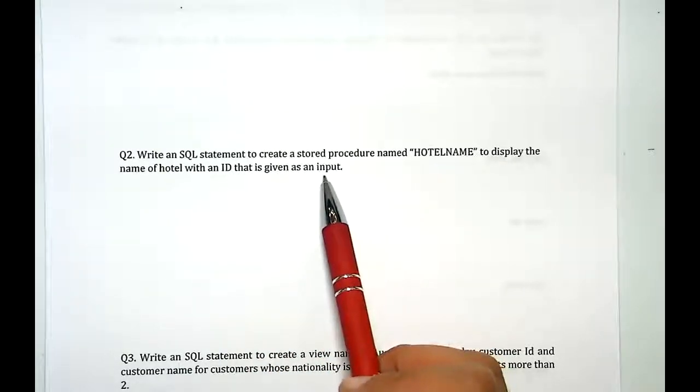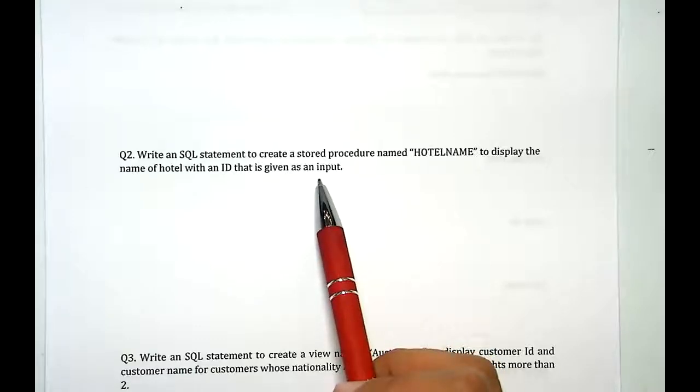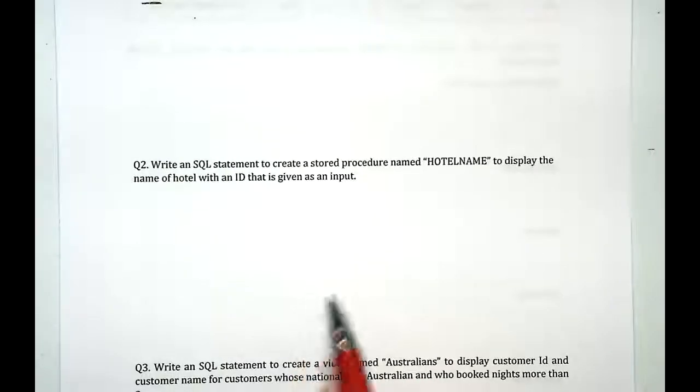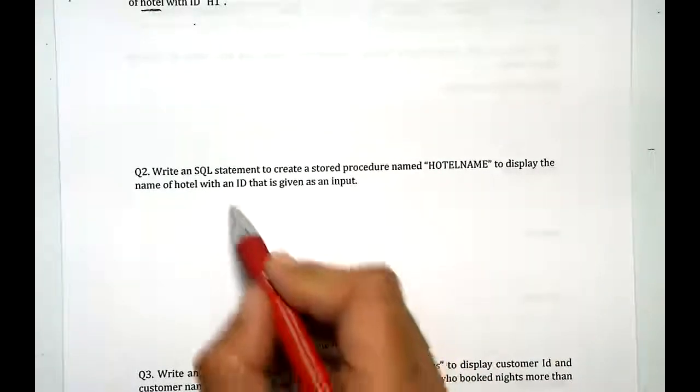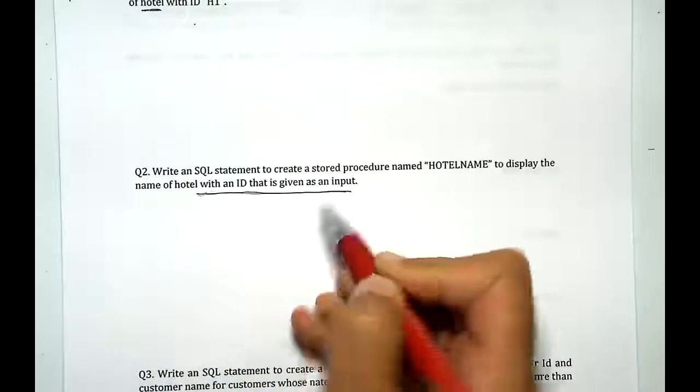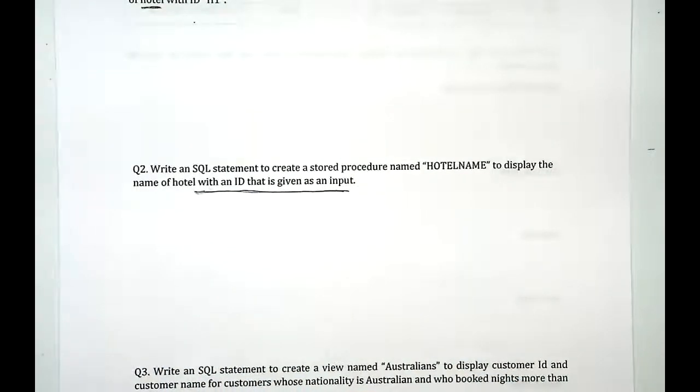And this is like task 15 in your assignment 2. So you need to create a stored procedure, but not a fixed one with no input. You should get an input from the user. So when the user gives any ID, H1, H2, H3, the stored procedure will get this ID and display the hotel name. So I will not make much changes in my query.